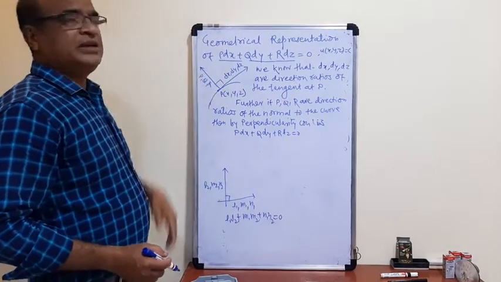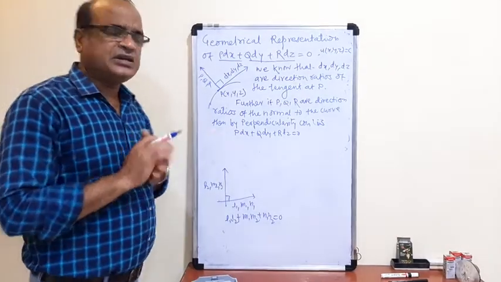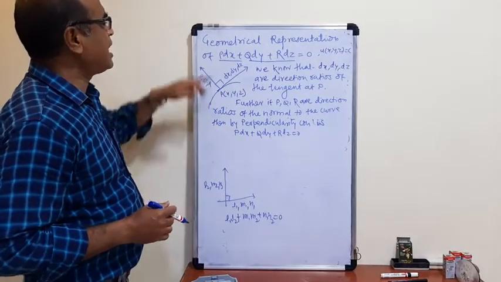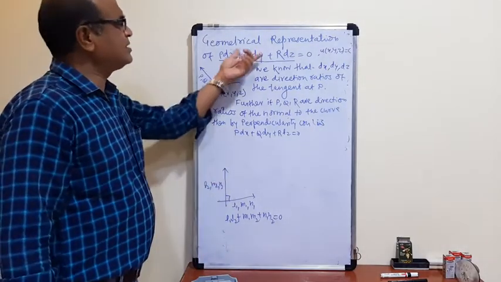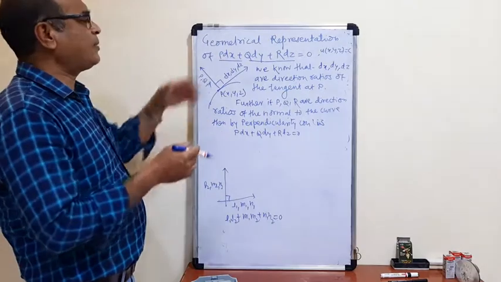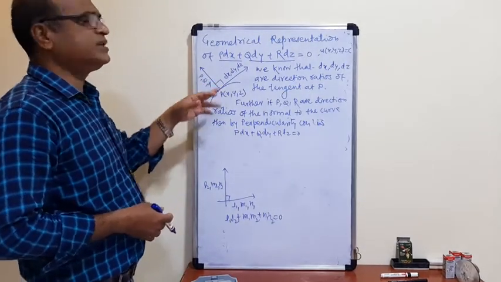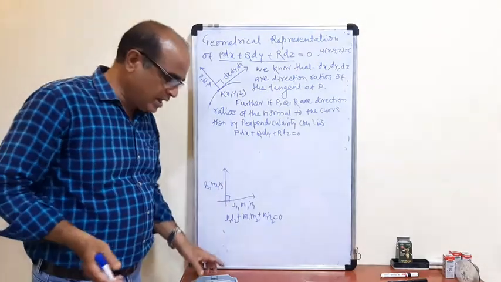So this equation represents that dx, dy, dz are the direction ratios of the tangent and P, Q, R are the direction ratios of the normal, because this equation is also a perpendicularity condition.